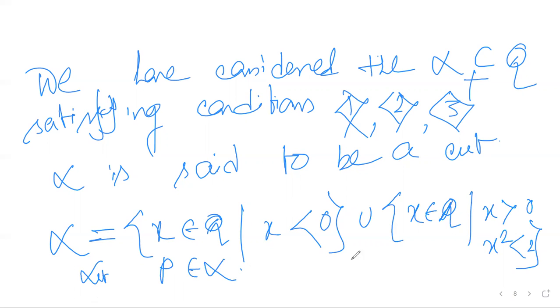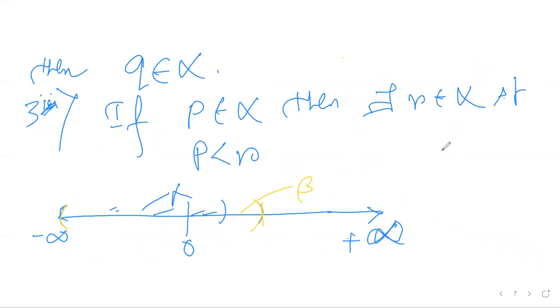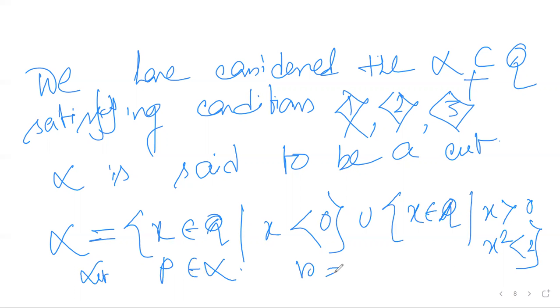Then I have to find an R belongs to alpha such that P less than R. So R is my (2P plus 2) over (P plus 2). It is easy to check that R belongs to alpha and P less than R. Fine. So this alpha is a cut.